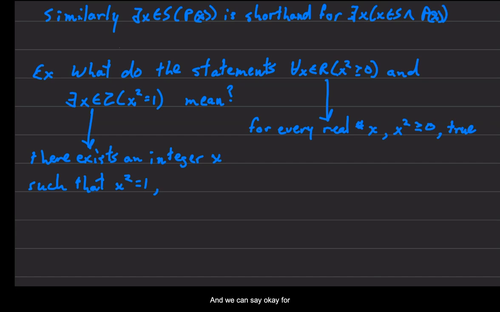And we can say, okay, for x equal to 1, this is true. Therefore, the statement is true.